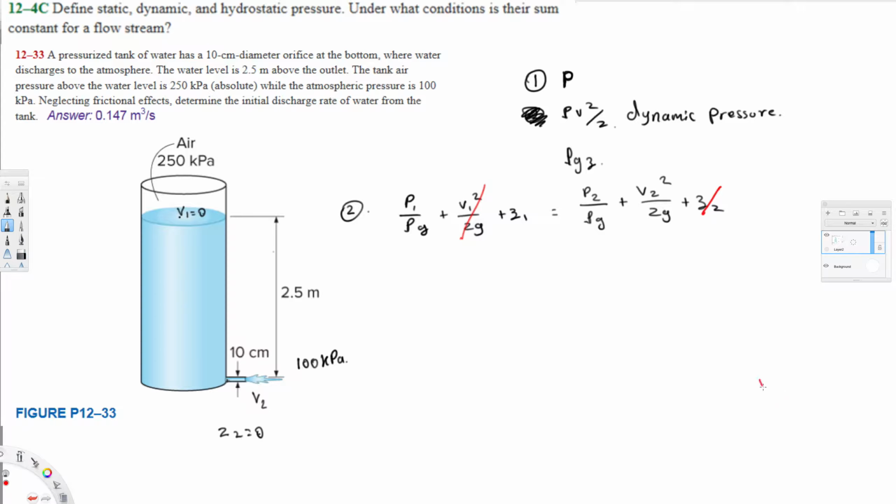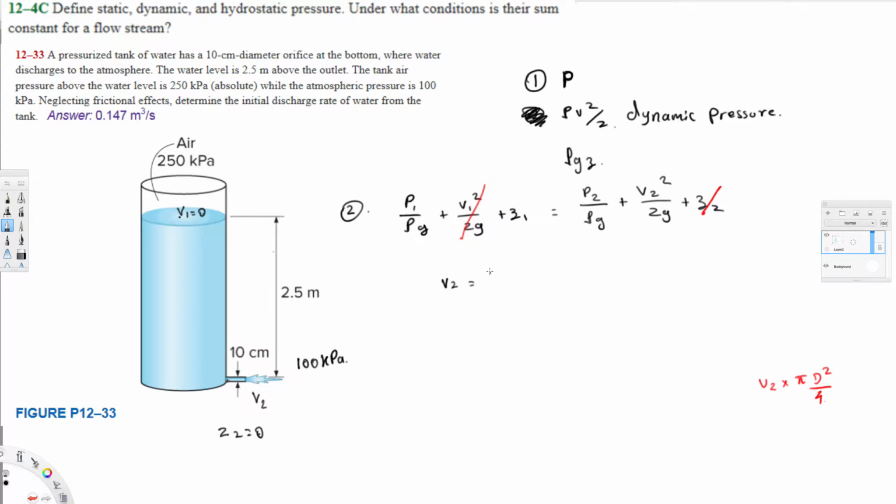Okay, this is V2 times pi d square over 4. That is what we are going to use at last after we find V2. So we have P1. Let's rearrange. Our purpose is to find V2. So let's rearrange this equation.